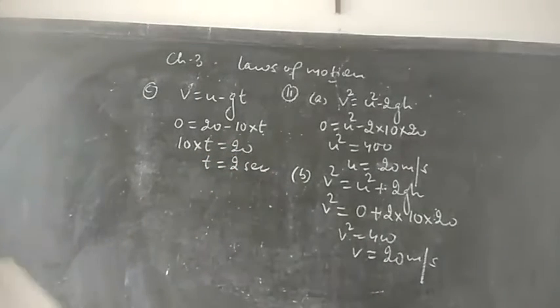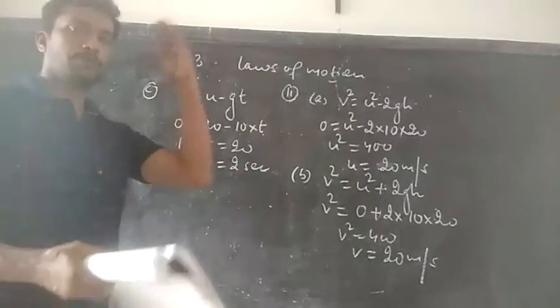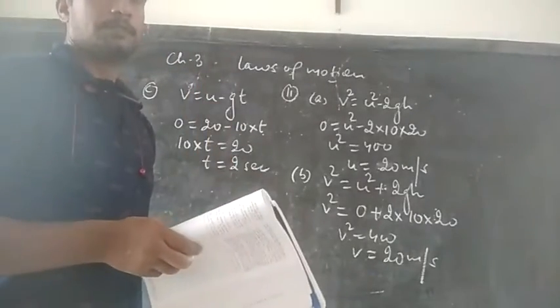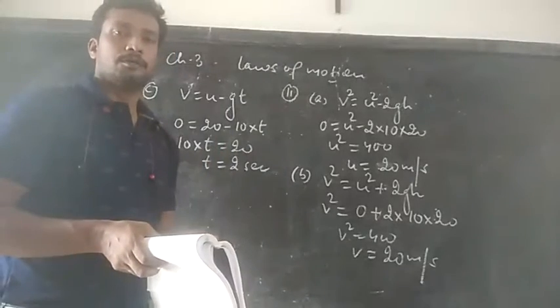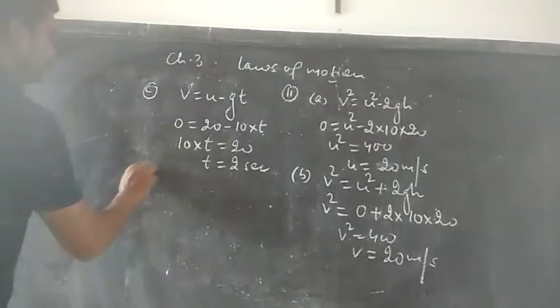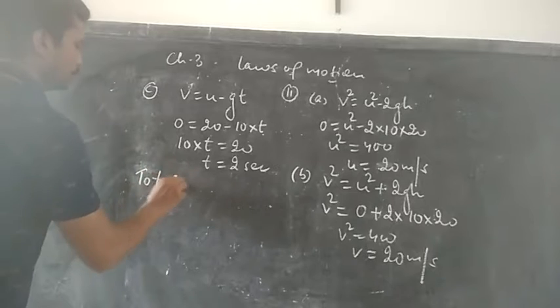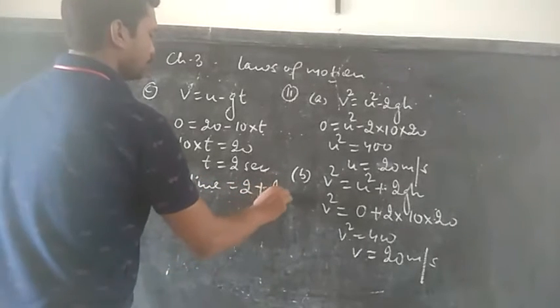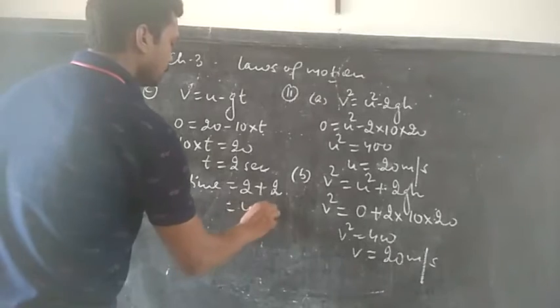So 2 seconds is the time taken to reach the maximum height while going up. The same time it will take to come back to the ground. So total time will be 2 seconds for going up and 2 seconds for returning, altogether 4 seconds.